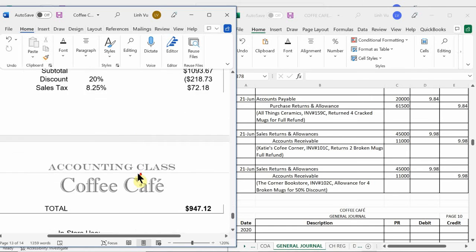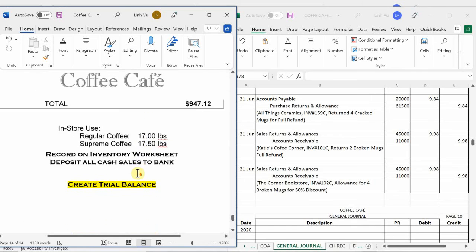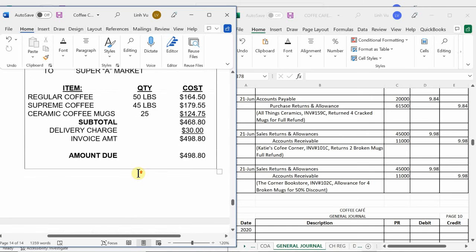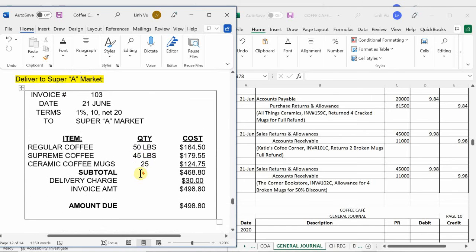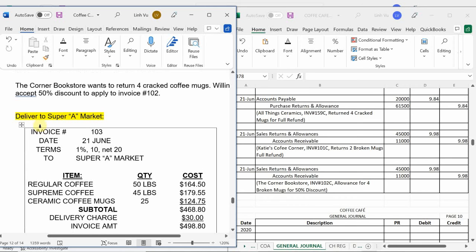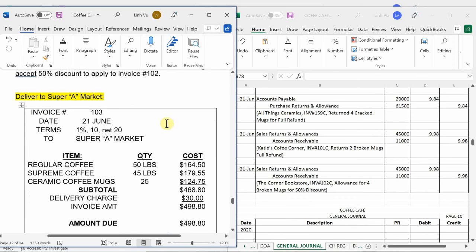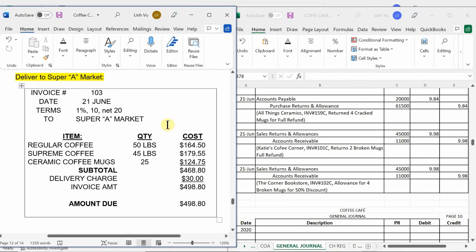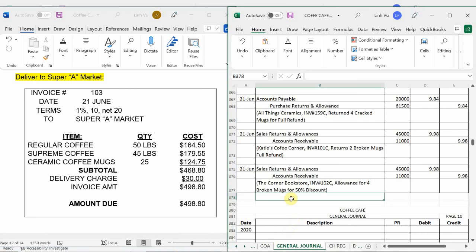All right, perfect. We have time for this one last transaction for today, and then we'll continue the rest tomorrow. So here, we're going to finally deliver to Super A Market. So in this case, how do I journalize this?